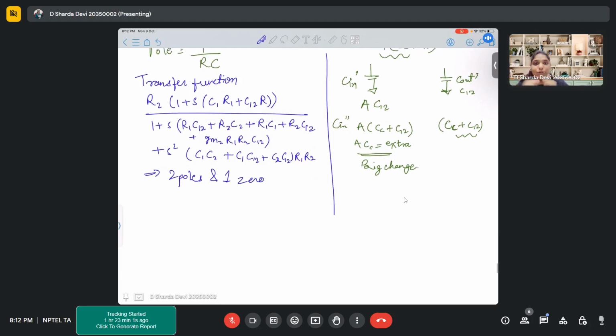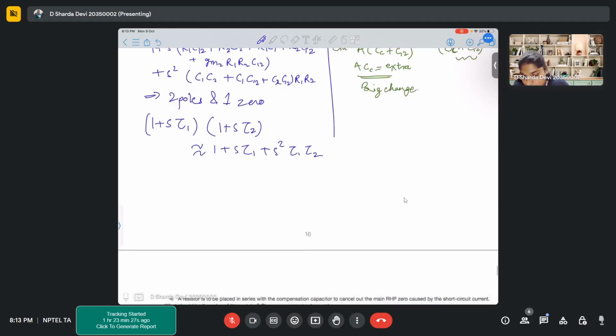Now, if we assume that the two poles are very far apart, so they are not interacting with each other, I can write it as (1 plus s tau 1) into (1 plus s tau 2), such that tau 1 and tau 2 are 1 by omega 1 and 1 by omega 2. This is equivalent to 1 plus s tau 1 plus s square tau 1 tau 2.